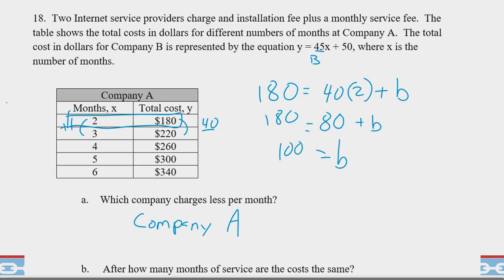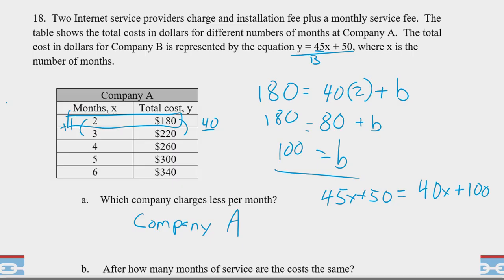So how long is it going to take to make up that difference of paying $100 startup cost for company B? And to do that, we're going to set the two equations equal to each other. 45x plus 50. That's company A. Is equal to company B, which would be 40x plus 100 for their startup cost.